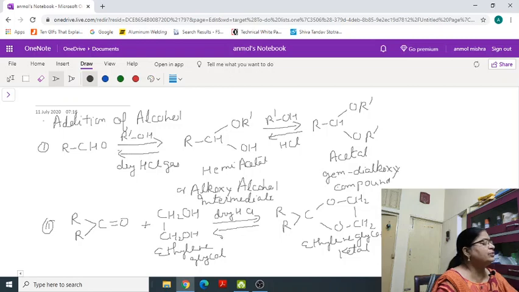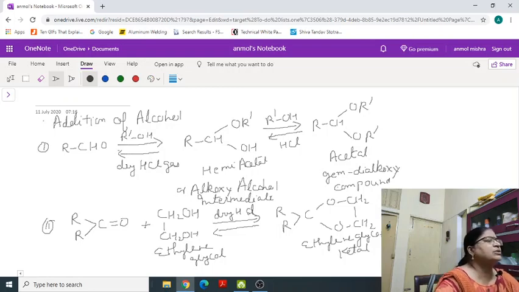If we want to get back aldehyde and ketone, again we will get back the aldehyde and ketones from acetal and ketal respectively. Next is reaction of ammonia and its derivative.